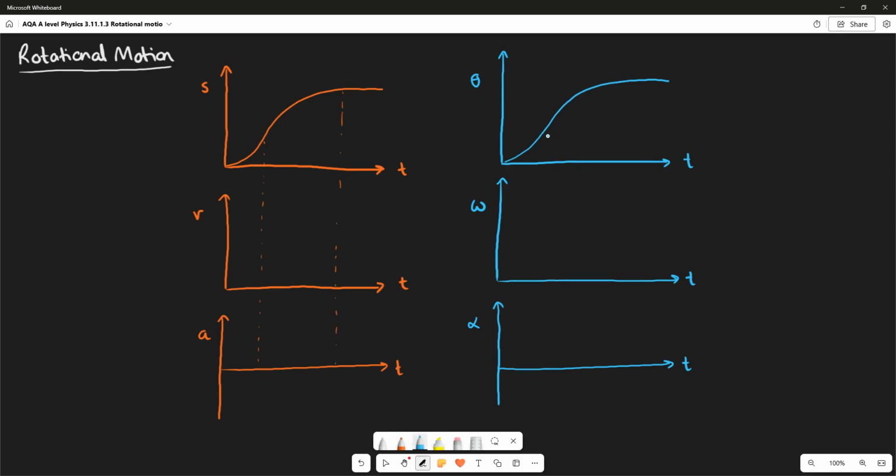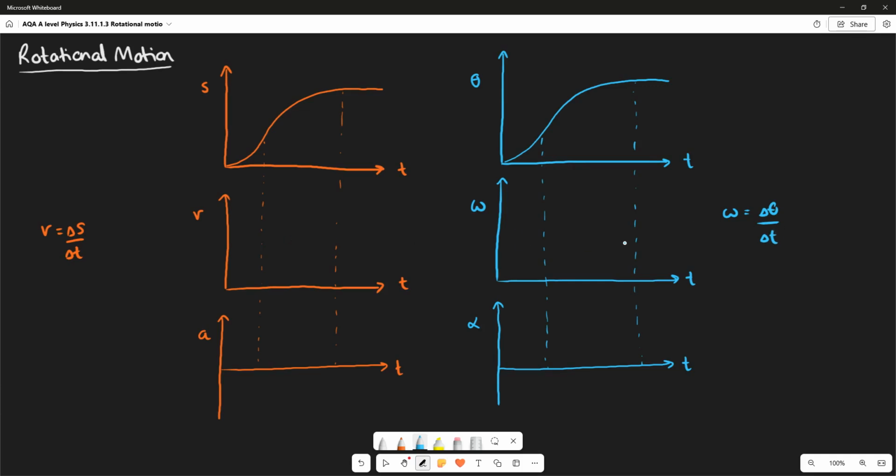And I'll do the same for rotational motion. We know that velocity is the rate of change of displacement, and we know that angular velocity is the rate of change of angular displacement.